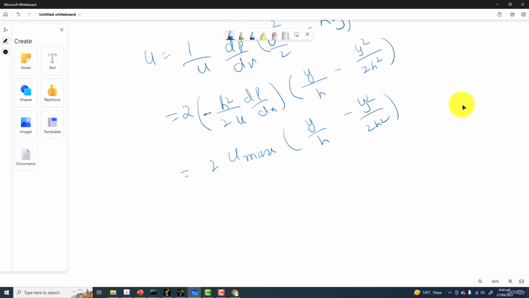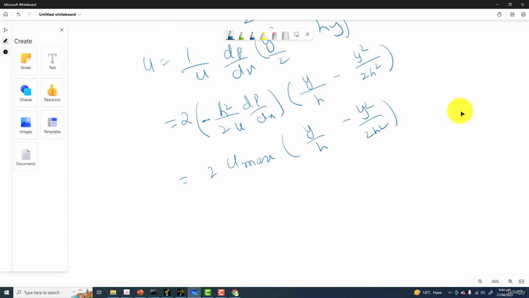Okay, so now the only one last step. So I will also take the 2 common, or in simple words, divide by 2 and multiply by 2. So if we divide by 2 and multiply by 2, 2 into 2 will be 4, and here is u maximum, and by dividing it means that this will be y by 2h minus y square upon 4h square.